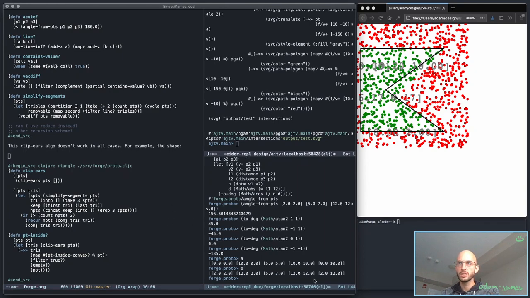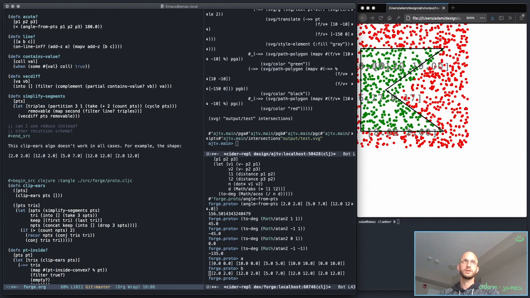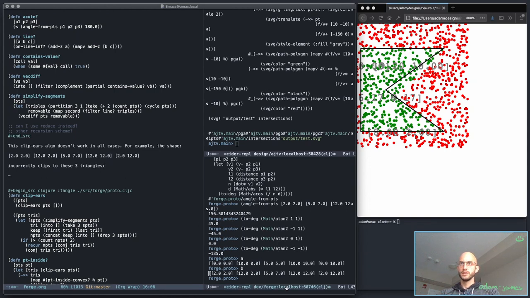B is what I need. It incorrectly clips to these 3 triangles. Clip ears B.